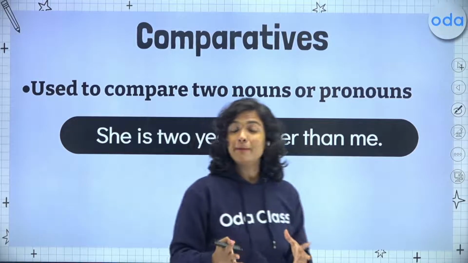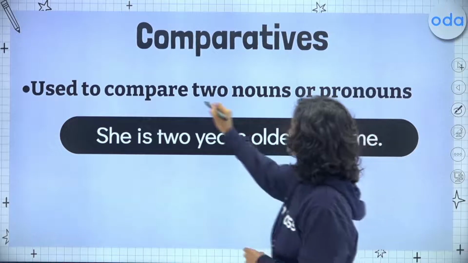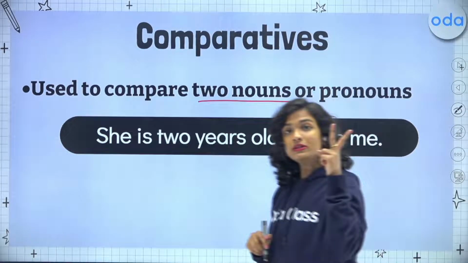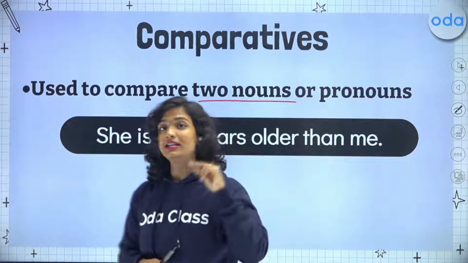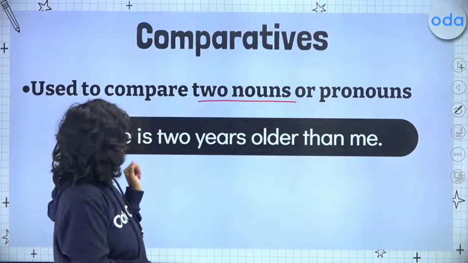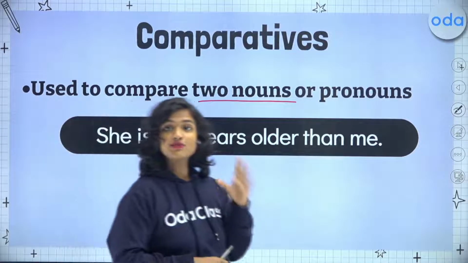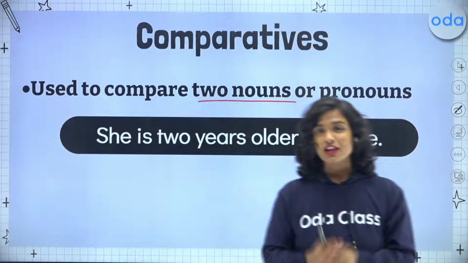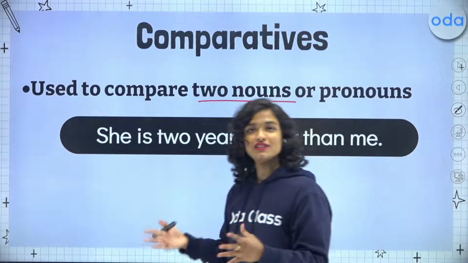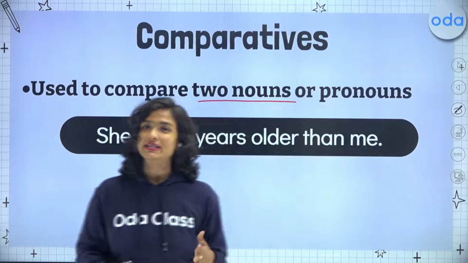Comparatives are used, my dear students, to compare 2 nouns or 2 pronouns in a sentence. For example, she is 2 years older than me. If I just say she is 12 years old, there is no comparison.